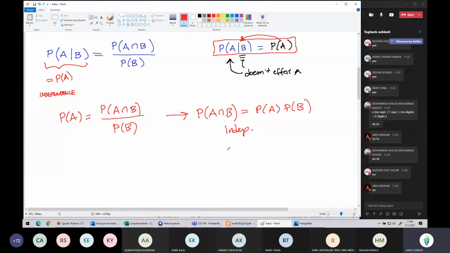Yes, to give an example, you roll 2 dice. You are asked the probability that the first one is, let's say, 3, and the second one is, let's assume, 3.